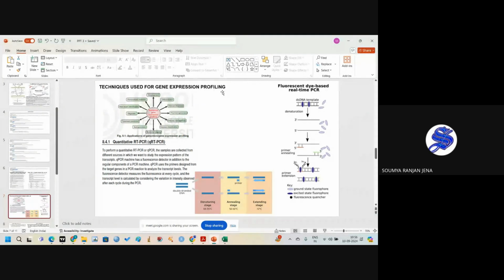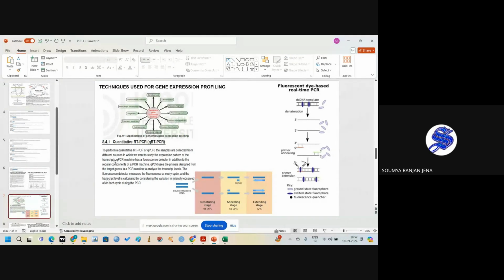For any type of gene expression profiling, we can use quantitative real-time PCR. This is a quantitative method. Quantitative means how much of the gene is present, and whether the gene is at basal level expression, overexpressed, or underexpressed. We can find this out by the quantitative real-time PCR method.